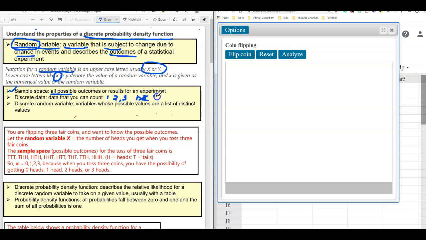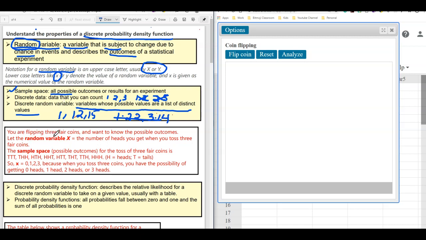No, that's not possible. 2.5. No, that's not possible, right? So discrete is something that you can count: 1, 2, 3, 0. And discrete random variables are variables whose possible values are distinct, like 1, 12, 15, but not decimals, like 1.22 or 3.14. Okay? So that's what discrete means.